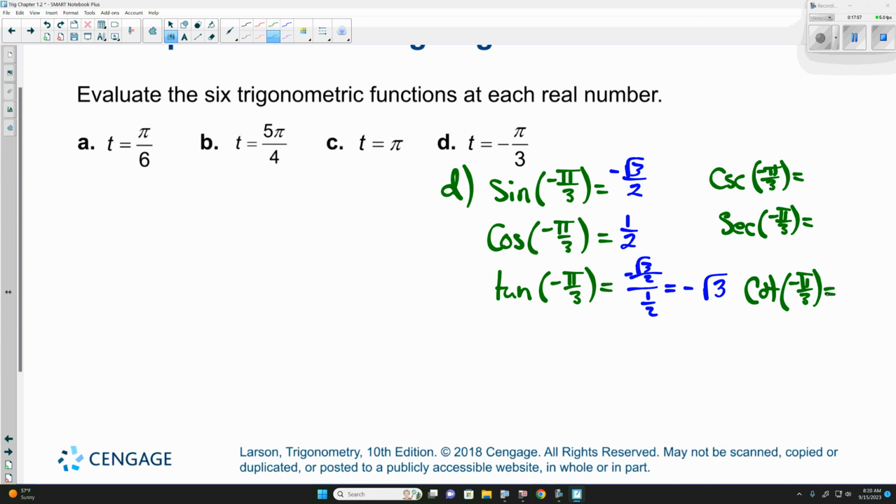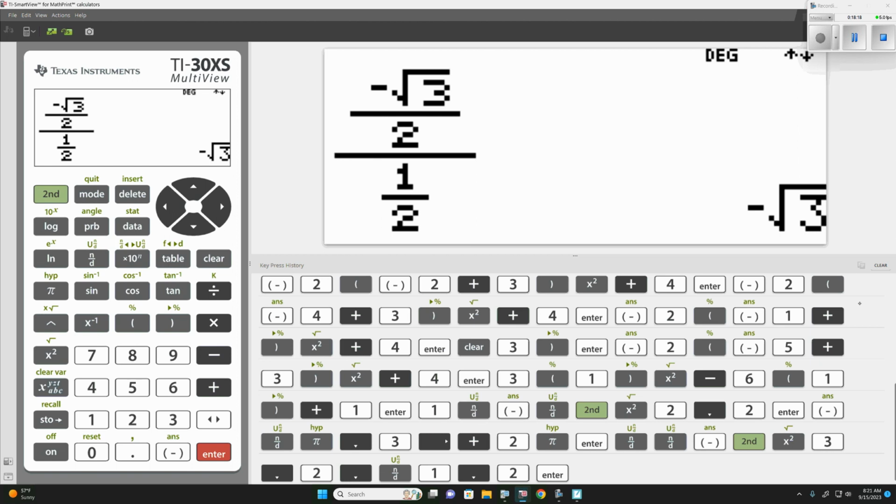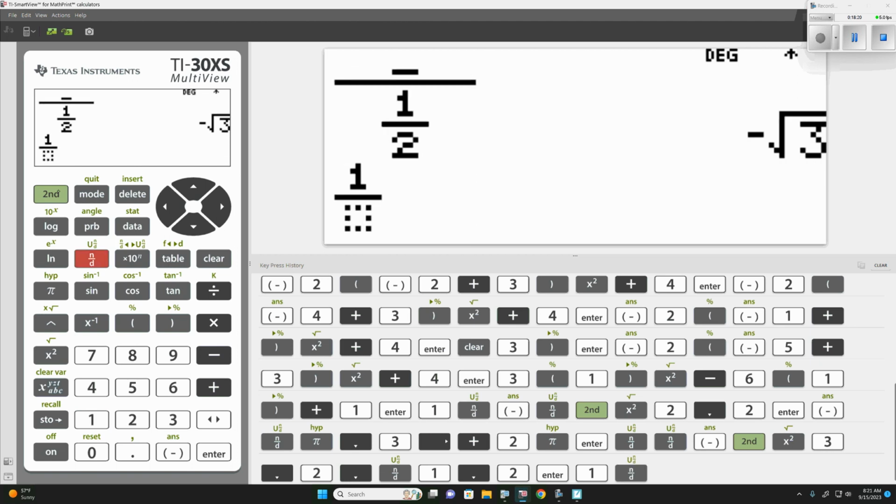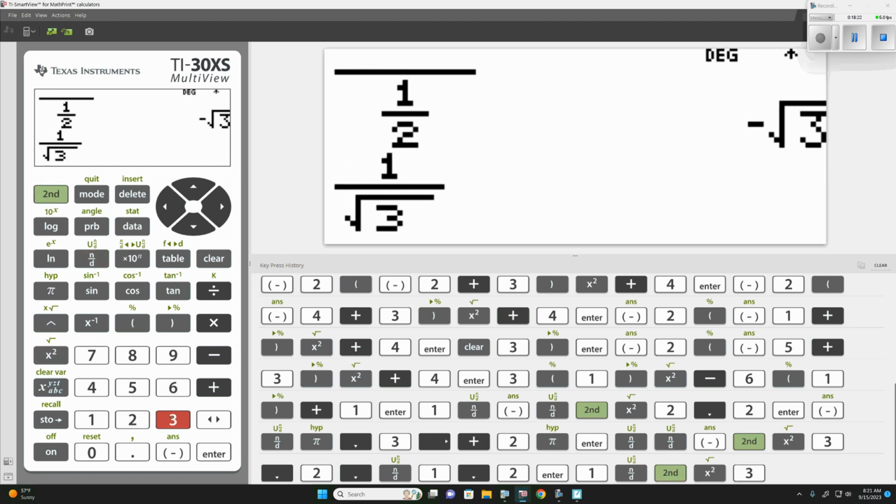Secant's the easiest one out of the group, because all we have to do is flip 1/2, and that becomes 2. Now we need to do the same thing with tangent and cotangent, which ends up getting us negative 3 square root of 3 over 3. 1 over square root 3.